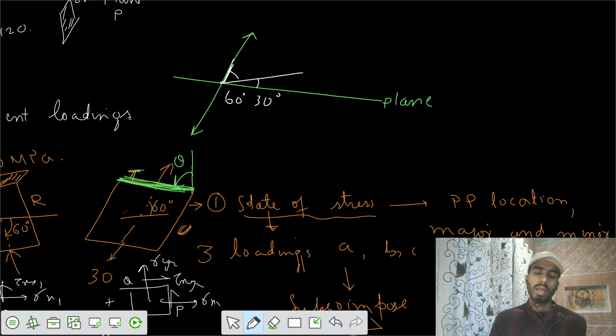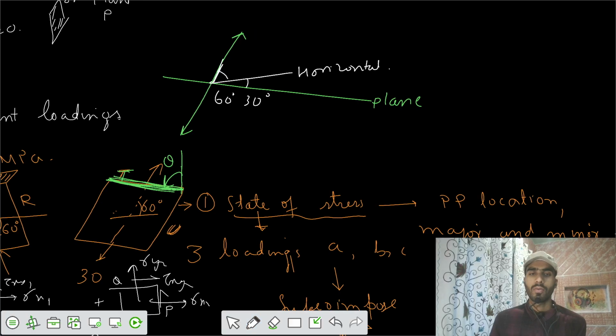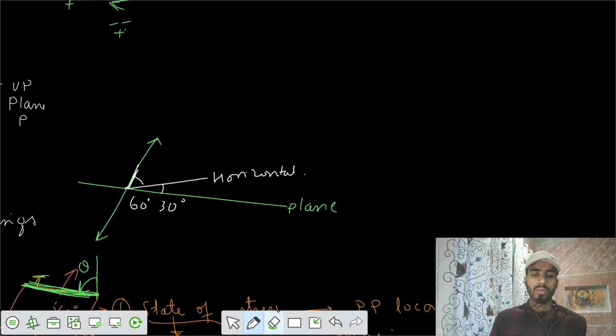So this is horizontal. We want to find theta with respect to the vertical. This is vertical, this is our plane, and this is our theta, which I want to find. This is 60, this is 30.